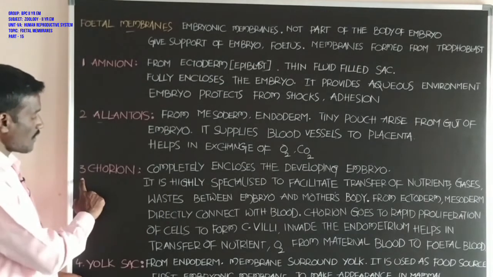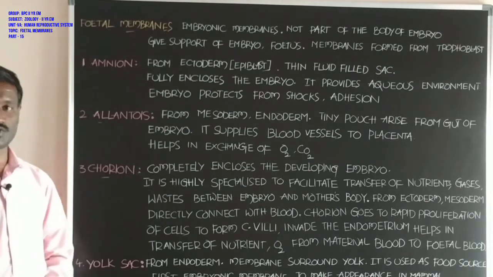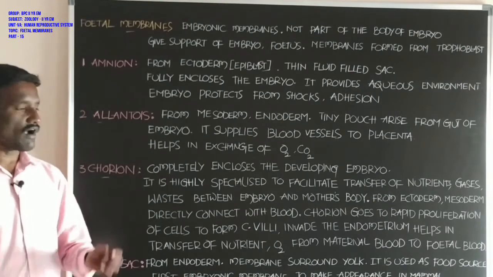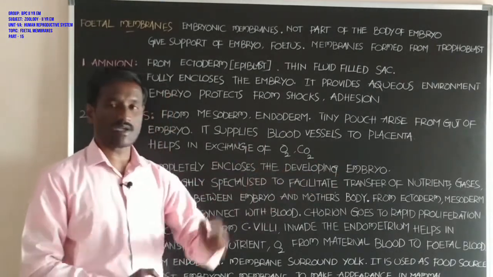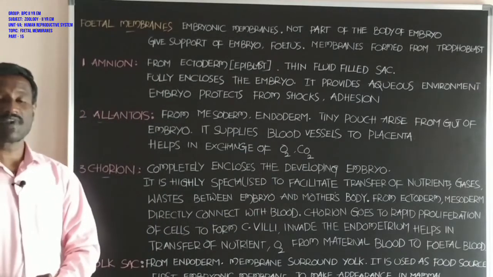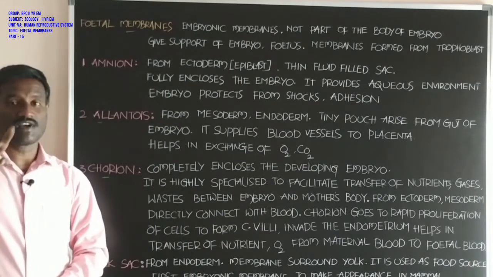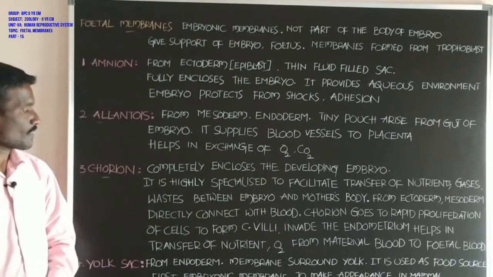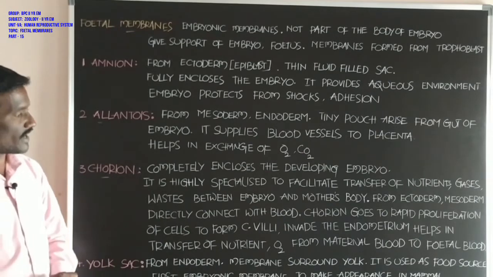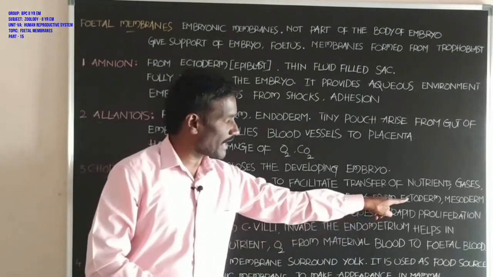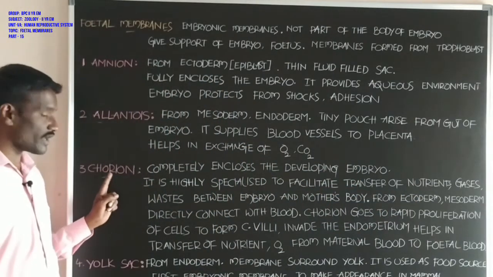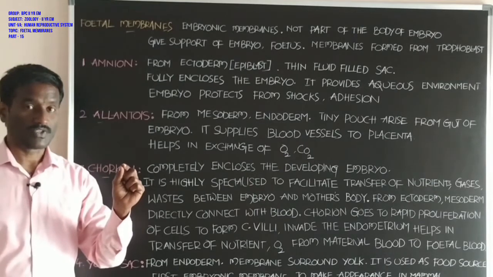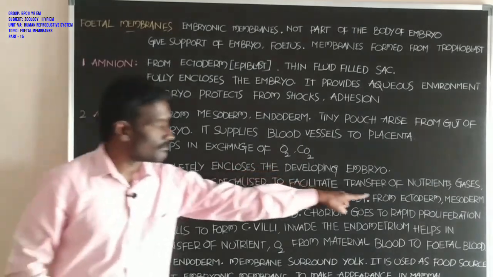Next, students, the third one, the chorion. What about the chorion? The chorion completely encloses the developing embryo. Students, it is from the ectoderm and mesoderm.